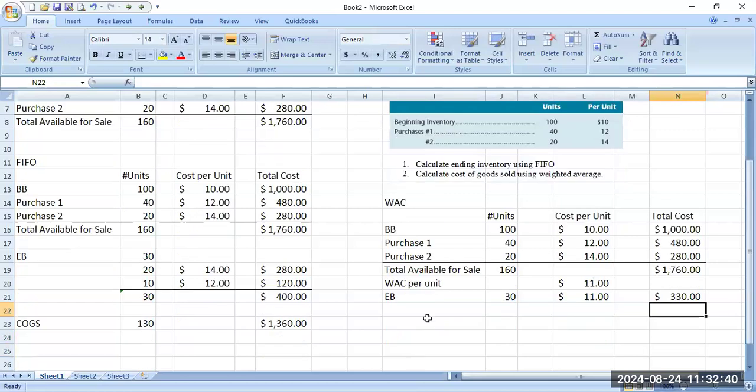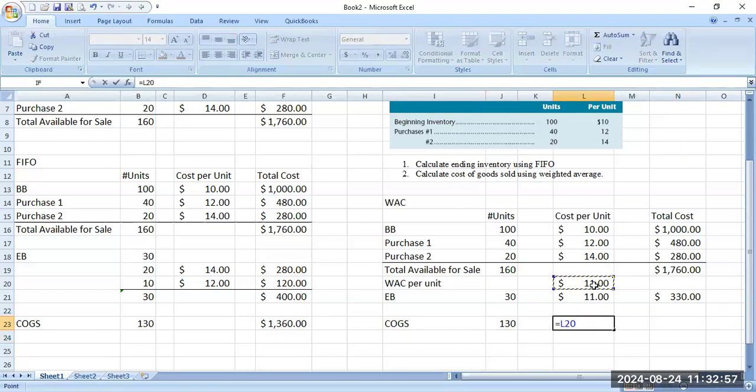How much is our cost of goods sold? Well, how many did we sell? We sold 160 available. We found 30. That means we sold 130. What's the weighted average cost per unit? $11 per unit.